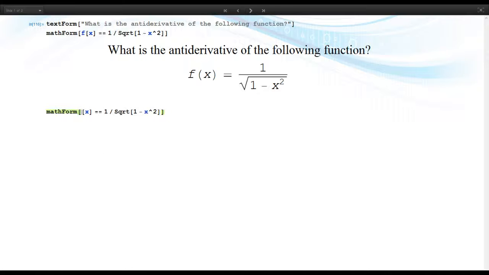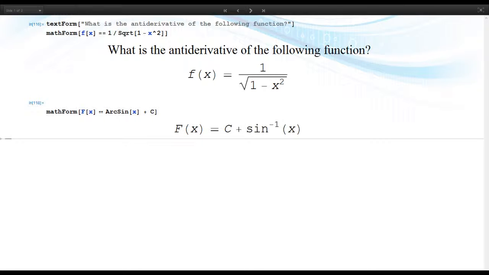So capital F is equal to arc sine of x plus c. Now, you might be thinking that's unsatisfactory.